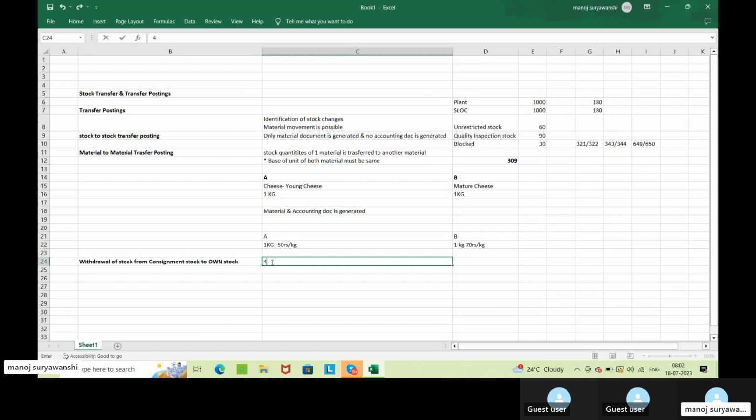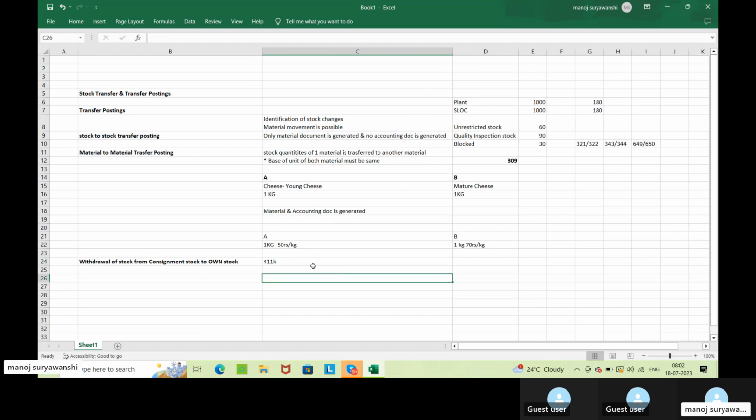The movement type used is 411K. K is a special stock indicator. We will see this later when we see the consignment process.